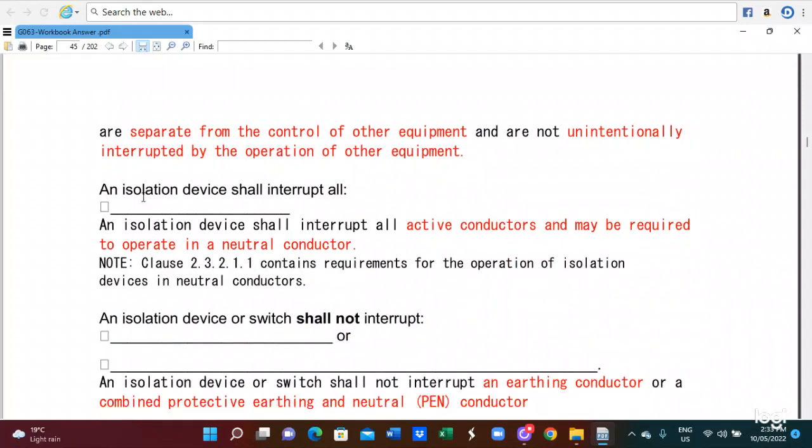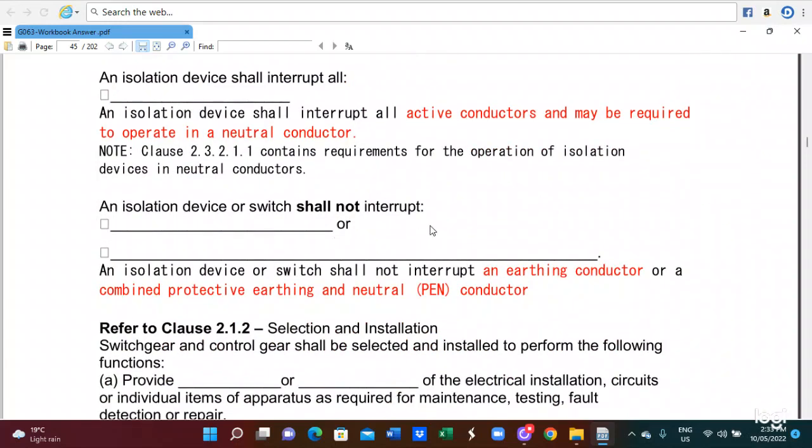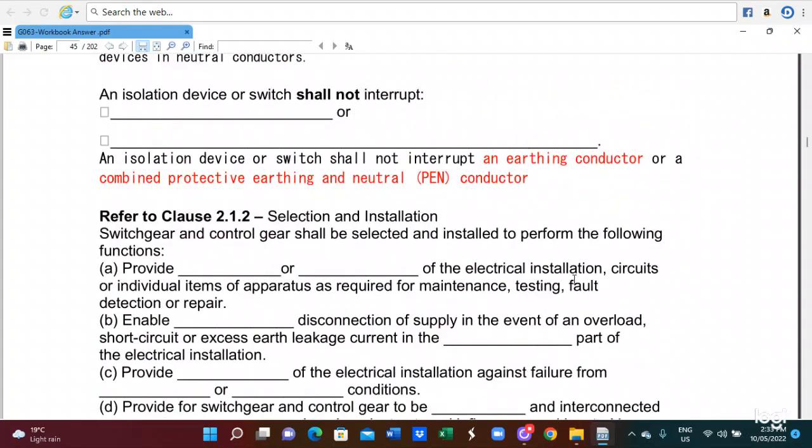The isolation devices need to interrupt all active conductors, and also operate on the neutral conductor. Isolation devices shall not interrupt the active conductor alone.